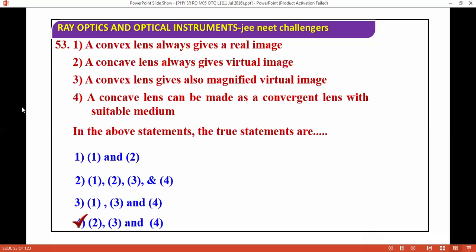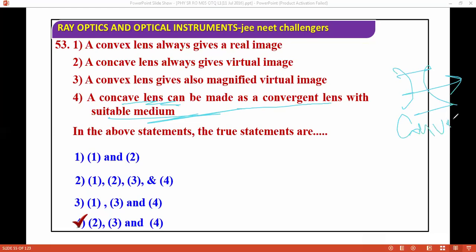And most important, a concave lens can be made a convergent lens with a suitable medium. So you can make this lens a convergent lens. We are moving on.